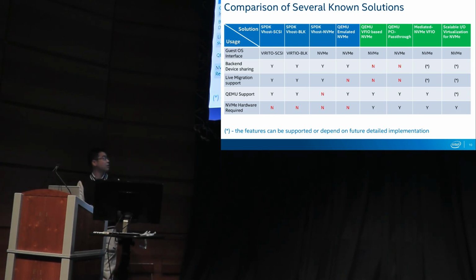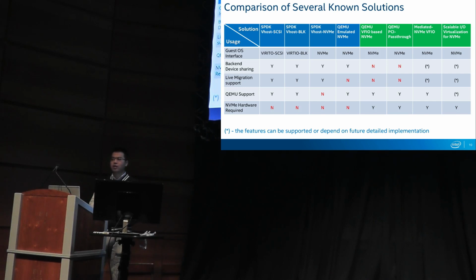In this diagram, the star means the feature can be either supported or it depends on its own implementation. So we can see the 2 most important things, the first is the backend device sharing.